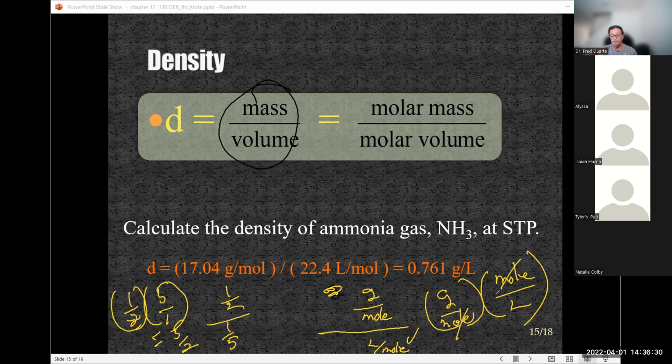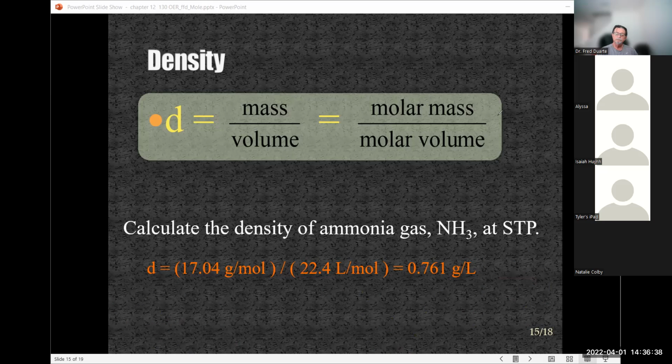Notice the moles cancel unit-wise, leaving us with units of grams per liter. So at STP, we can simply calculate the density for any gas at STP only, okay? By just knowing the molar mass, and you know the molar mass by adding up the atomic weights of all the atoms in that compound.